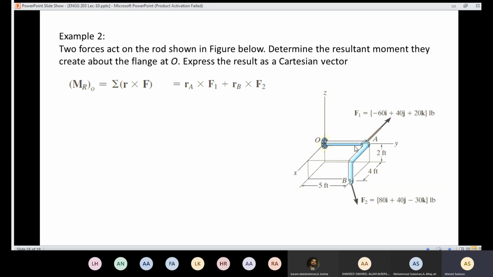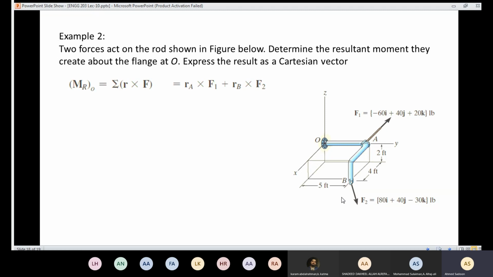And I'm going to choose a point that I know its coordinates. So here I'm going to move from the point O, and here is the line of action. I can use any point, but I'm going to choose point A. Why? Because I know the coordinates of the point A, and I'm going to call it RA.